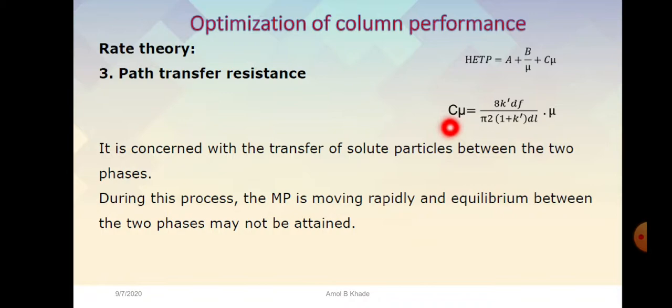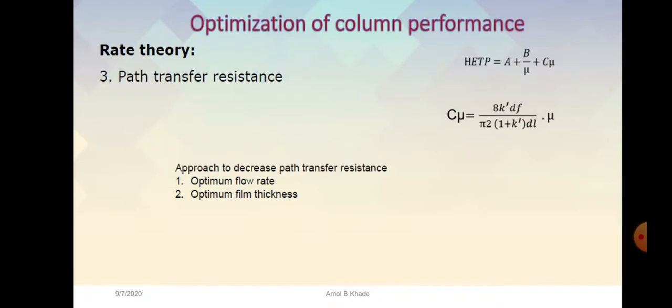So this C mu, that is path transfer resistance, is nothing but 8k' into df divided by pi square in bracket 1 plus k' into dl into mu.